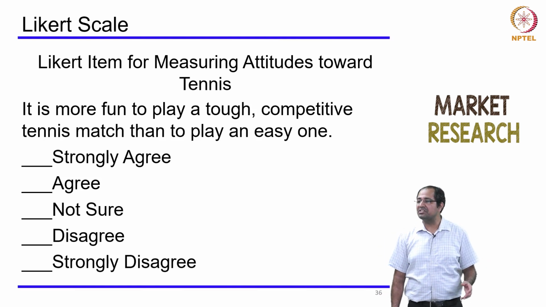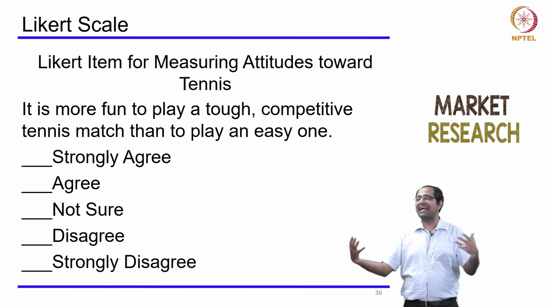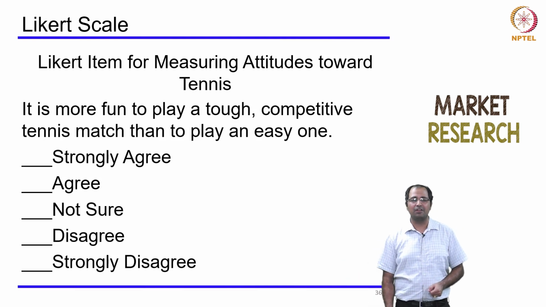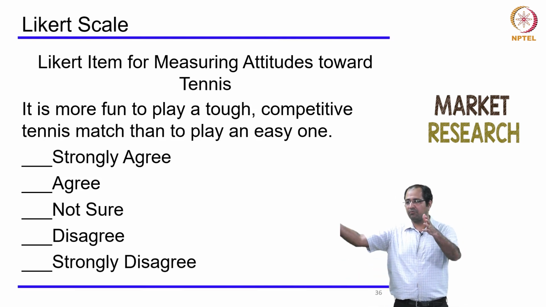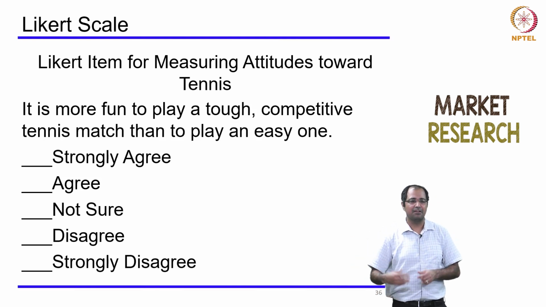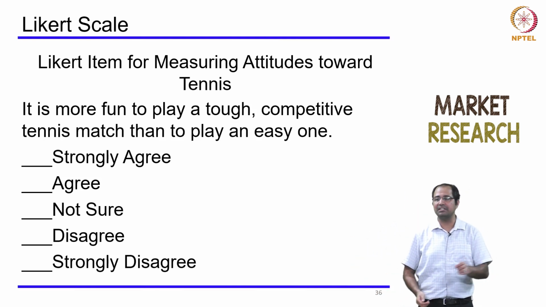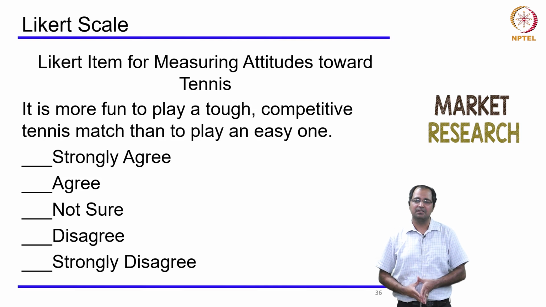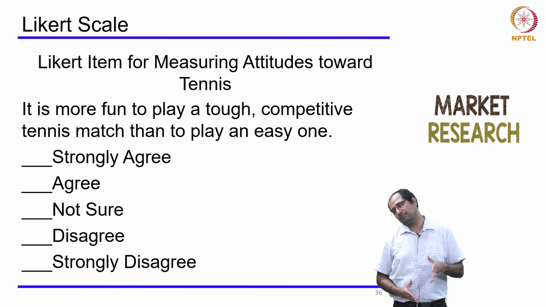So I am adding more statements to this concept, attitude, and measuring using 3 different statements. The score I will take is the average of the person's score on these 3 items, 1 to 5, 1 to 5, 1 to 5. Let's say the score is 5, 5, 5. The average is 5, which means the score for that person on attitude towards playing tennis becomes 5 out of 5.